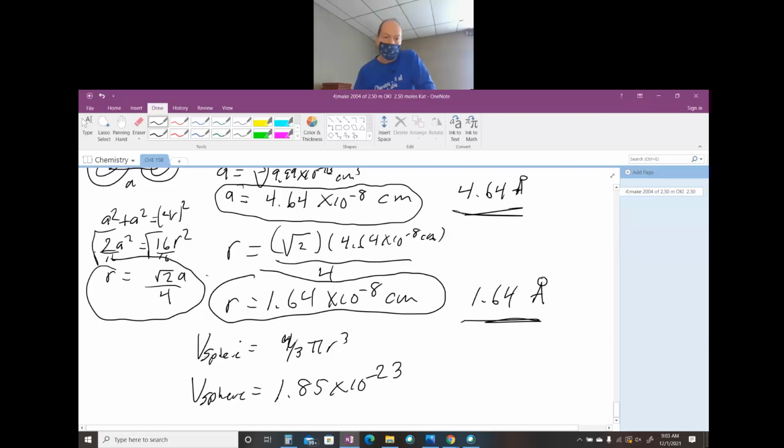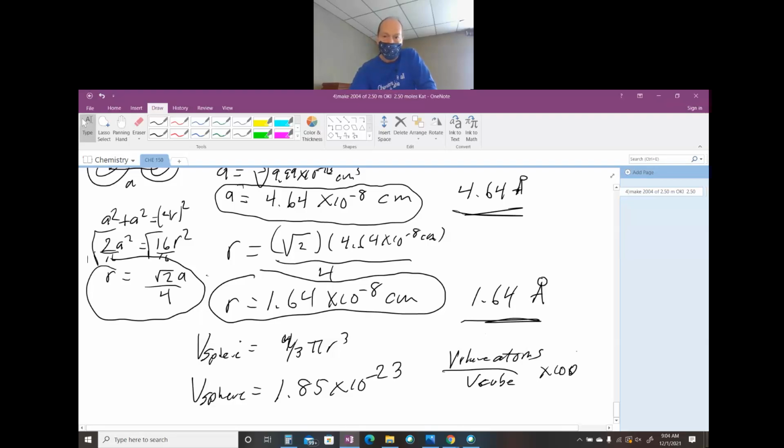All right, and so we can check our percent. And so remember, the volume of your atoms divided by the volume of the cube times 100 is our percent space occupied.